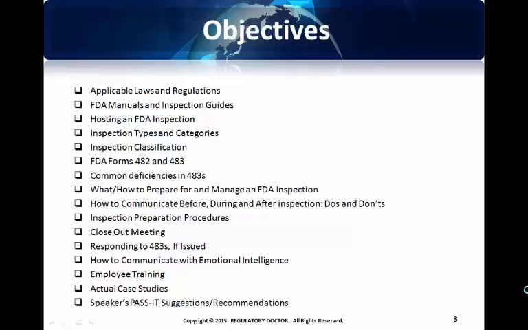And then I will suggest best practices based on my extensive analysis of FDA observations, FDA inspections, and warning letters, 483s, enforcement actions, consent decrees, and permanent injunctions, for example.